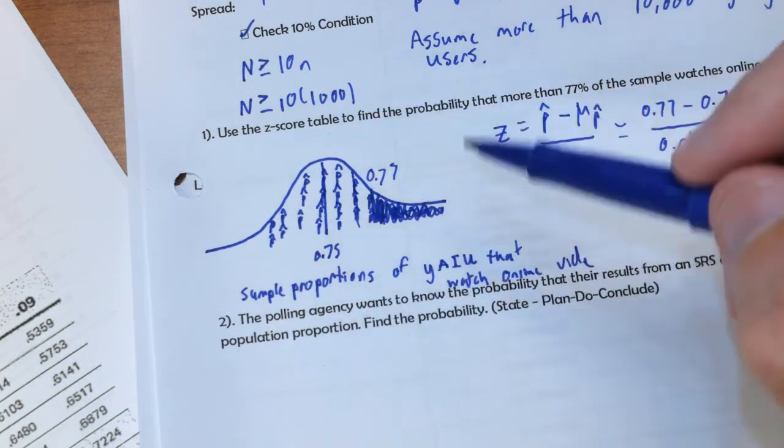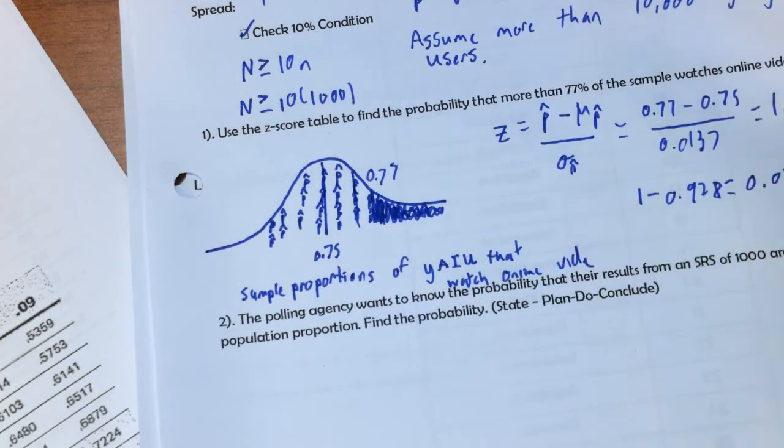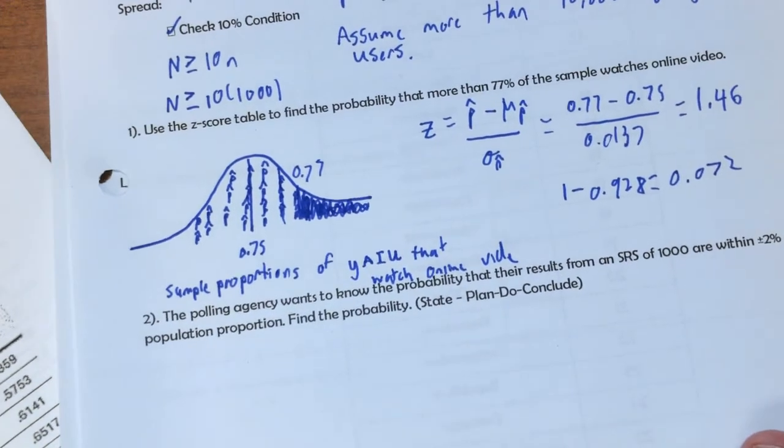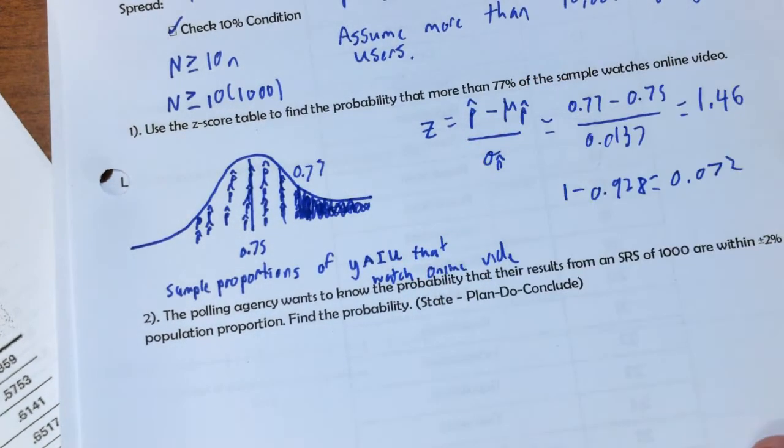So for every possible sample proportion, about 7.2% of them have a proportion of greater than 77%.